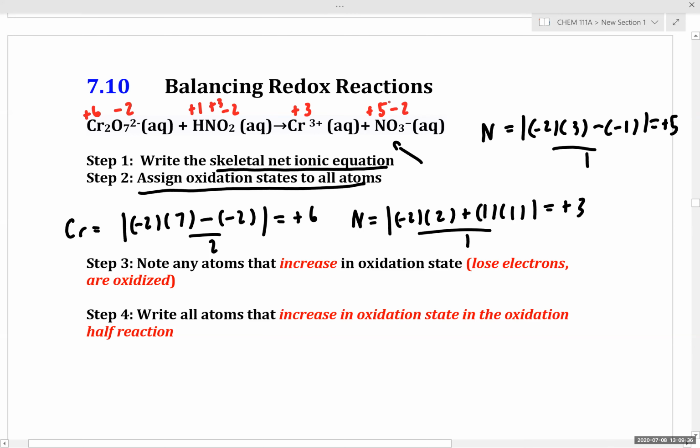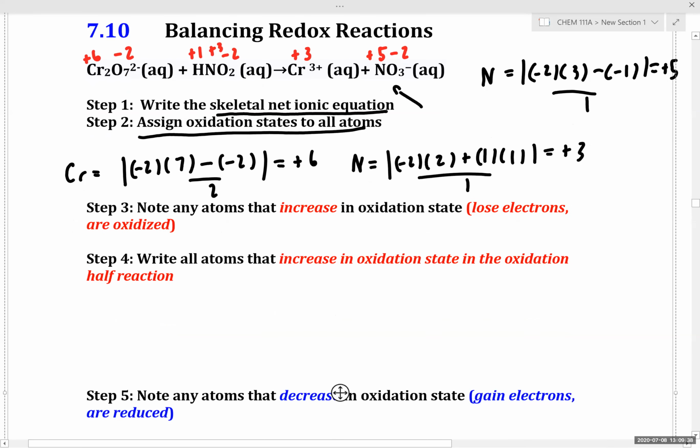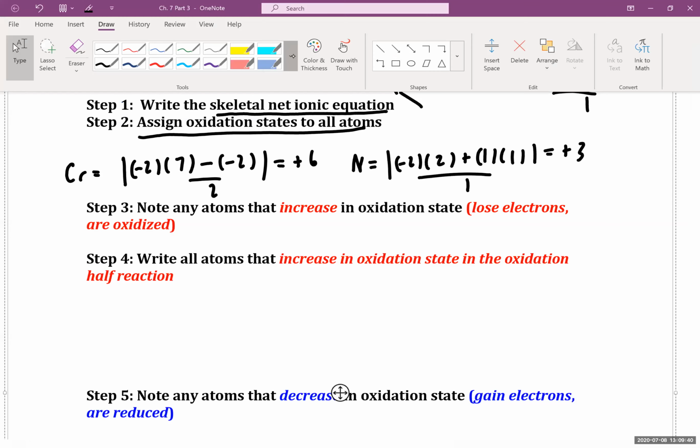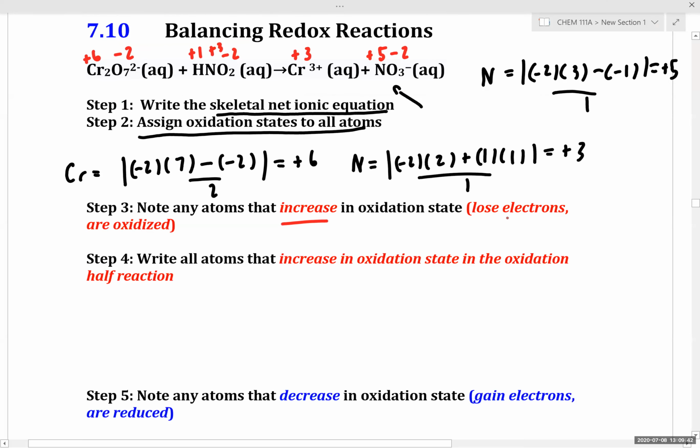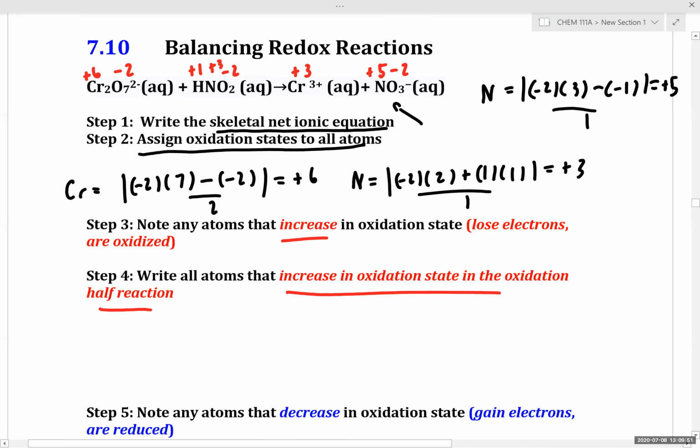Okay, perfect. So now that we have the oxidation numbers assigned, we note any atoms that increase in oxidation state, and we write this for our oxidation half-reaction. So what atoms are increasing in oxidation state? What atoms are losing electrons?